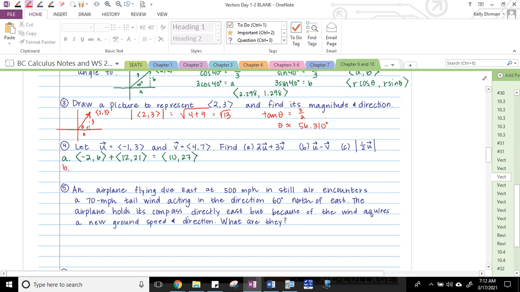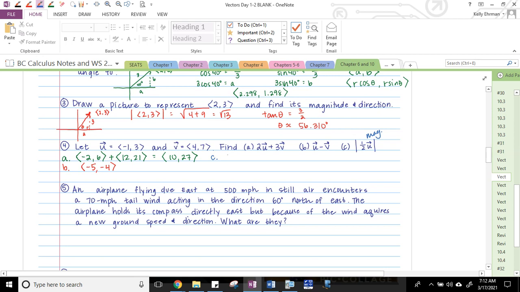For part B, u minus v. I'm not going to show the work on that because I don't have anything to scale up. So just subtracting negative 1 minus 4 is negative 5. And 3 minus 7 is negative 4. All right, and then part C, this means magnitude. It's easy to read it as absolute value, but we're talking about magnitude of 1/2 u.